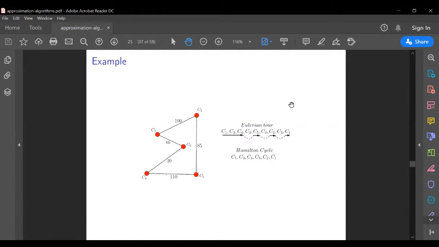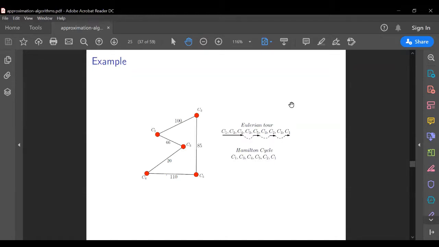What I mean by Eulerian cycle is that you have to visit each and every edge and come back to the same place. You should not visit an edge twice, so that's why we are doubling all the edges in the spanning tree. Then last step? Find the Hamiltonian cycle.